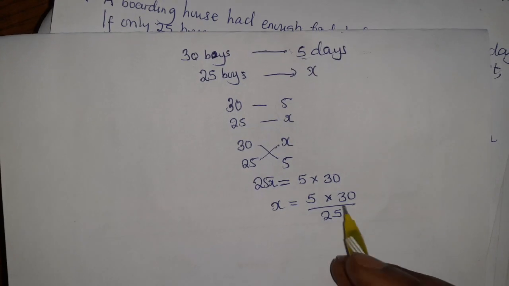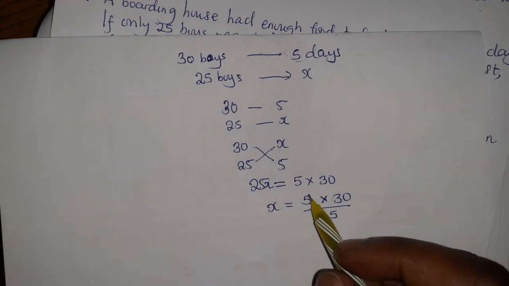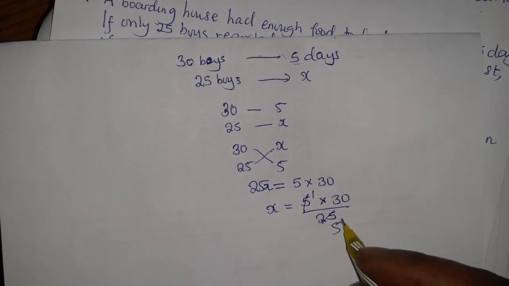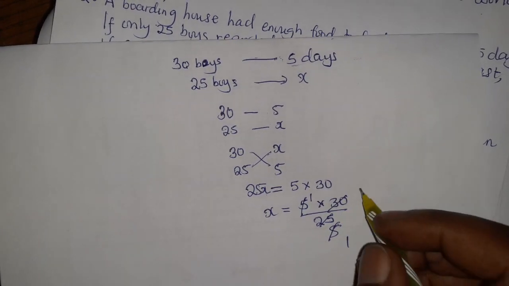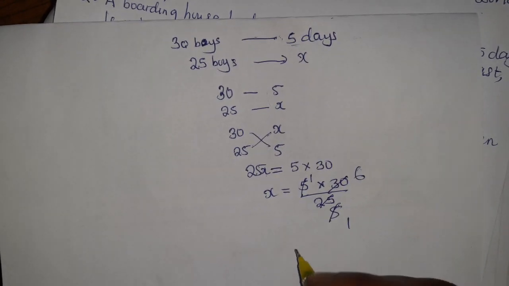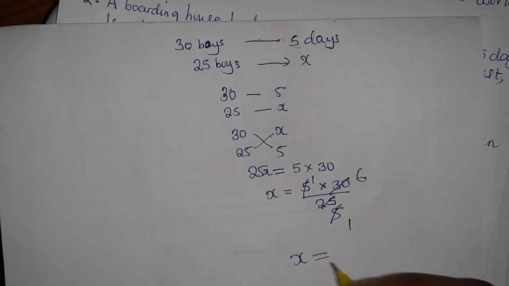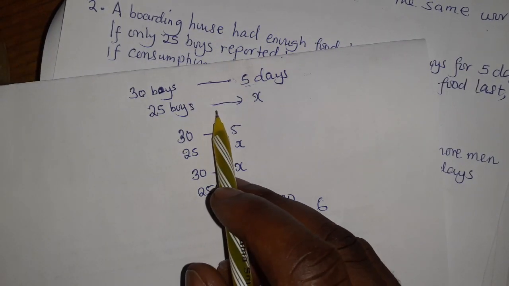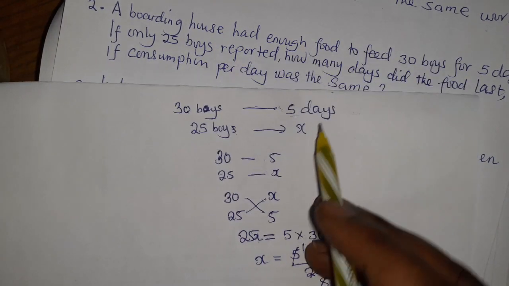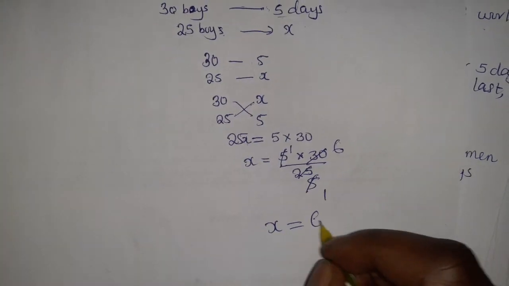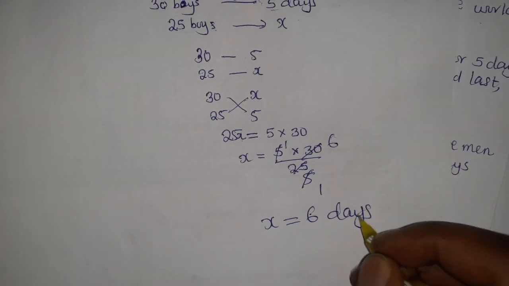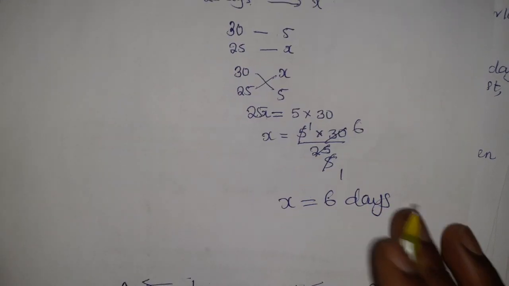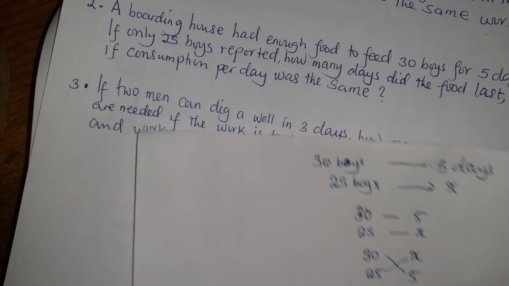Then at this point, you have to simplify. 5 here, 1. 5 here, 6. So again, 25 boys will be fed for 6 days. All right? That is very important.